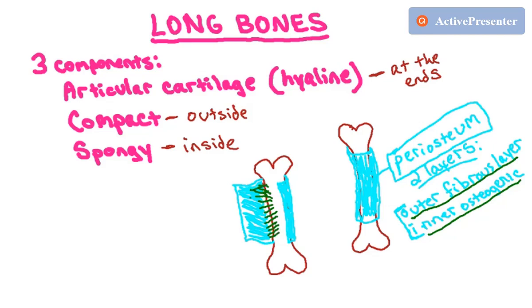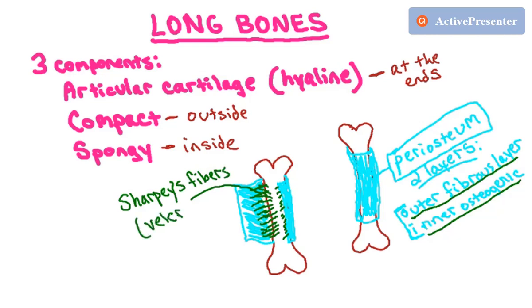These little fibers stick out, and that is what attaches the periosteum to the outside of the bone. And these fibers are called Sharpey's fibers. And I'll put Velcro here, just so you know. So the Sharpey's fibers kind of Velcro the periosteum to the bone, so it's attached.